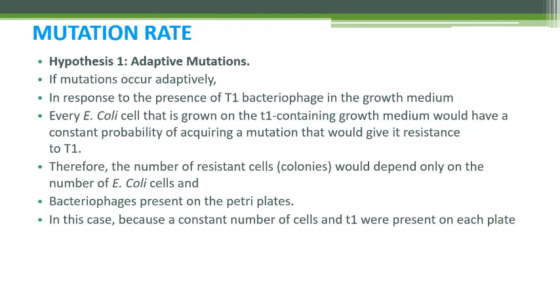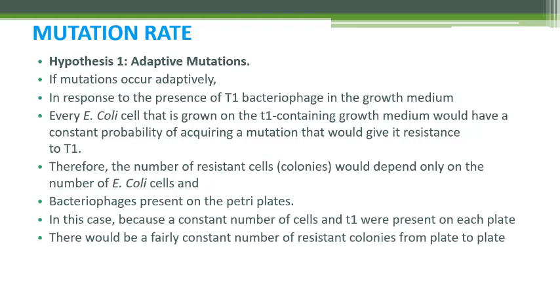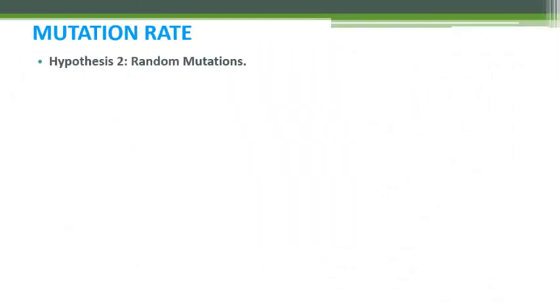Since there was a constant number of cells of both E. coli and T1, we would expect a constant number of resistant colonies from plate to plate and from experiment to experiment. However, this was not the case.